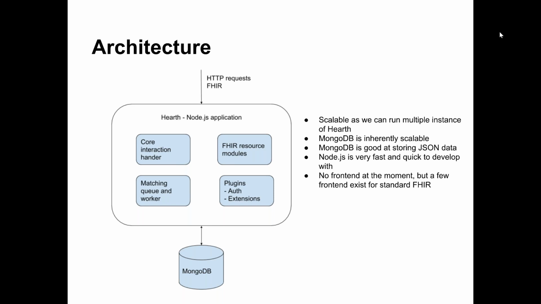Then the next thing that's useful about the architecture is that it's massively scalable. So we can run as many instances of the HEARTH application as you need. And you can set up some load balancing between them. They're all stateless and it doesn't matter which of those multiple instances a client interacts with, they'll all act the same.